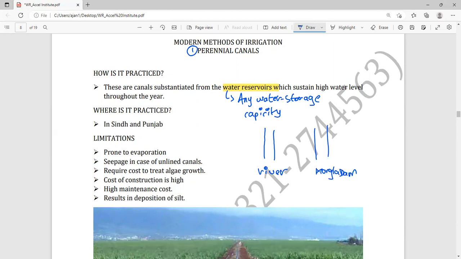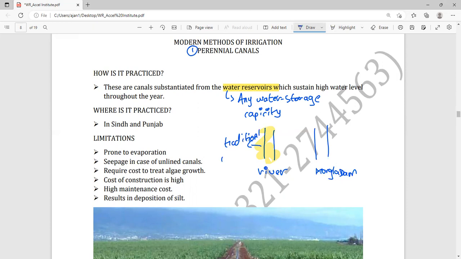And the examiner asks you to classify this canal and this canal as a modern or traditional method. So what will you say? You're going to say that this canal will definitely be a traditional one, right?